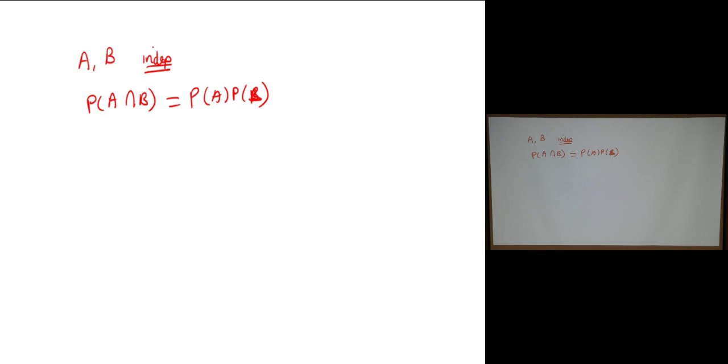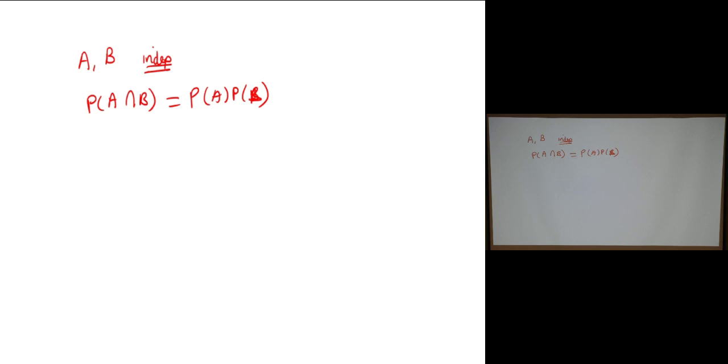All right, so we want to know the chance that these two events occur at the same time. If they're independent, then it's equal to the product of the two probabilities, probability of A and probability of B. If we don't know whether A and B are independent or not, are we still able to compute the probability of A intersect B?